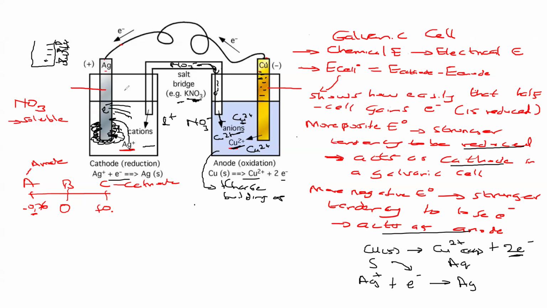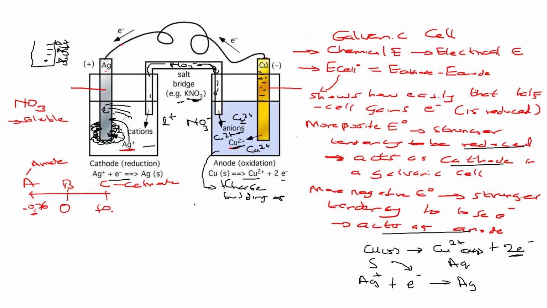So the positive part from this salt bridge must come. The cations must come and counter the build up of the negative charge in this cathode solution. I hope it makes sense.